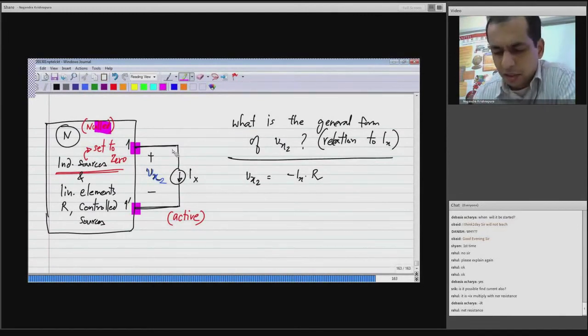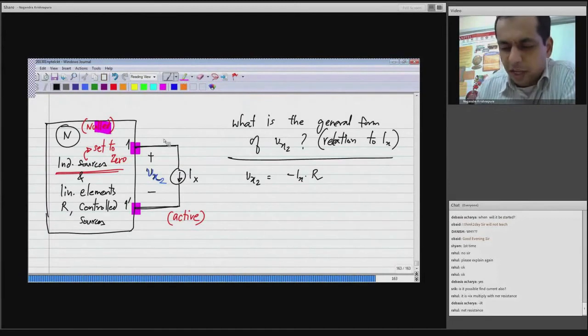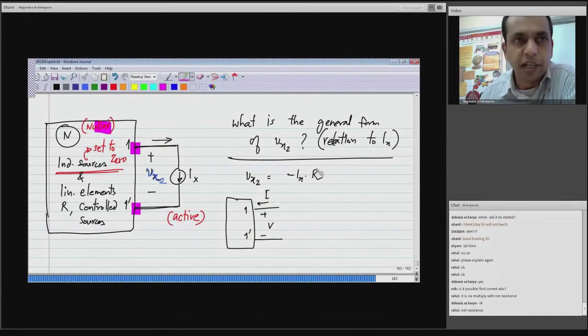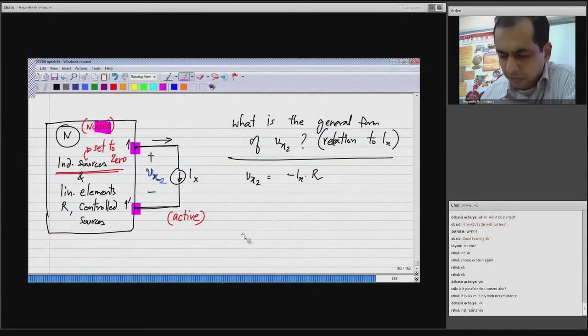And with the sign that I have taken, because Ix is flowing outwards, I will say Vx2 is minus Ix times R, because of the passive sign convention. If Ix would be flowing that way into 1, 1 prime, then I would take V in that polarity. In this case, I and V are in the opposite polarity to this convention, so I will say it is minus Ix R, okay. And what is this R?